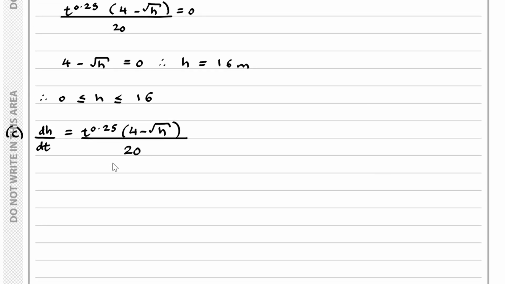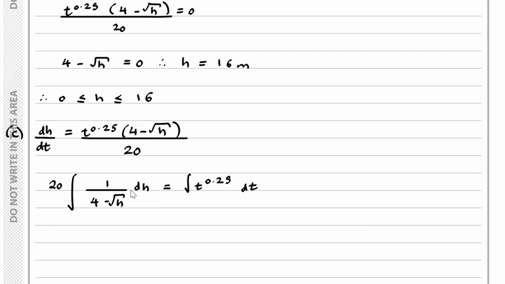If we separate the variables, we have 20 lots of 1 over 4 minus square root h dh equal to t to the 0.25 dt, and obviously we'll have to integrate both sides.